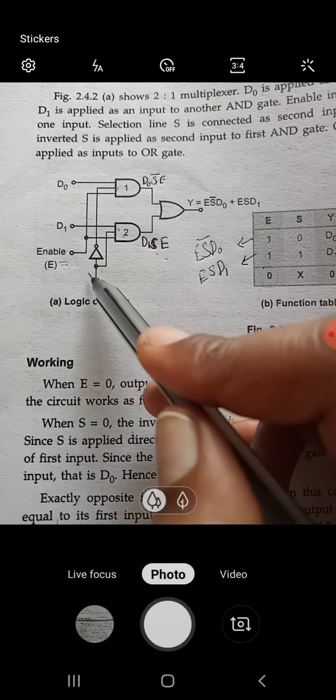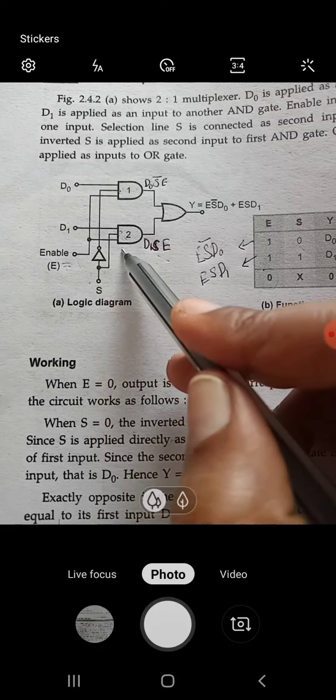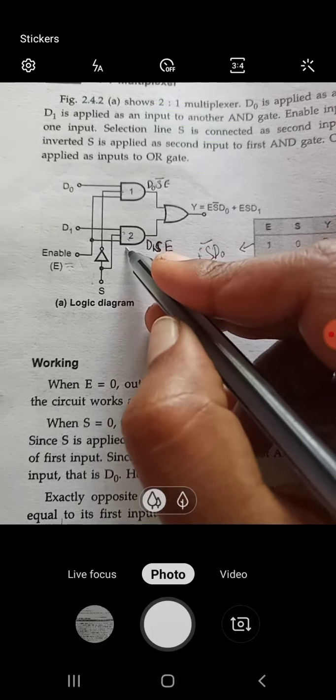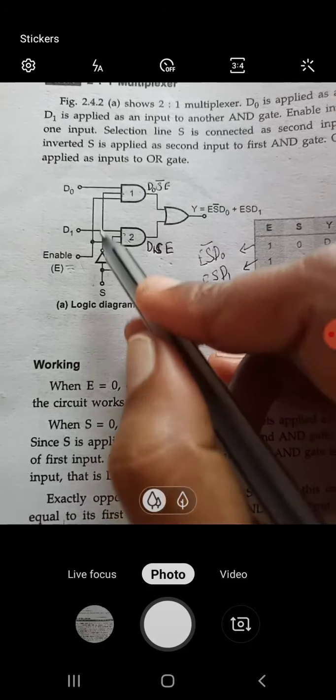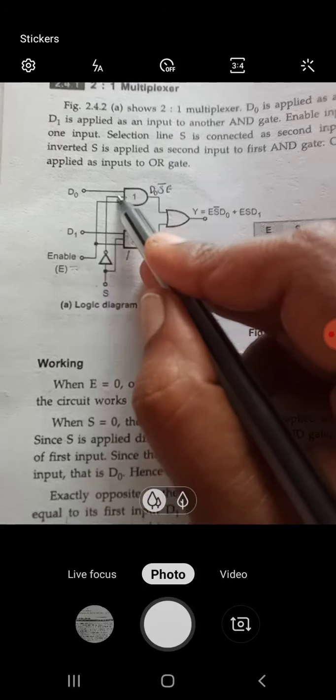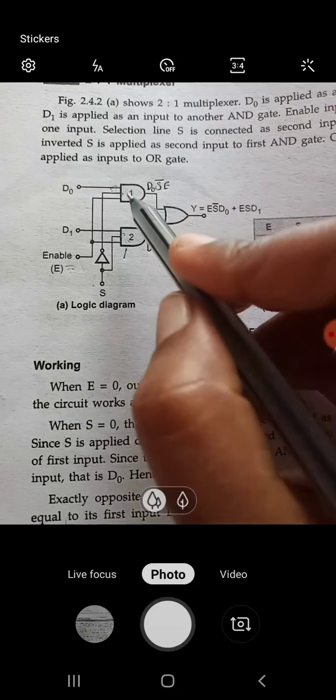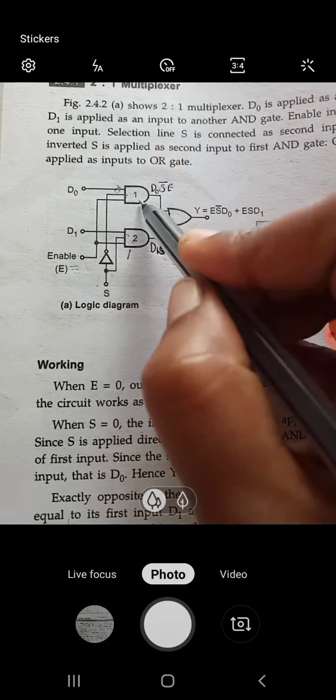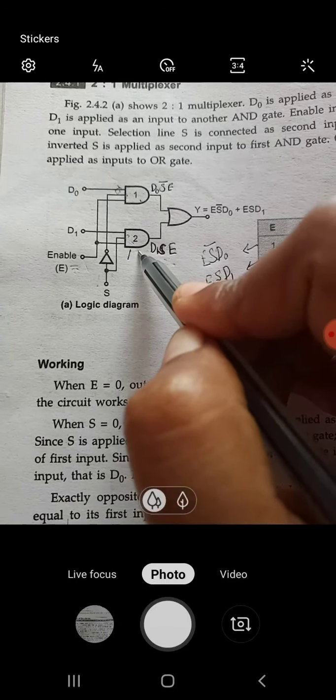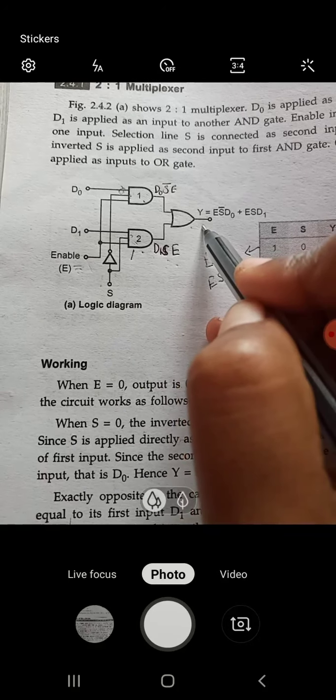So if I give 1 here, to this gate, gate 1, you are giving 1, but to this gate you are giving a 0 now. When you give a 0 here, it means this is inactive, whereas this is active. So what is the output available now?